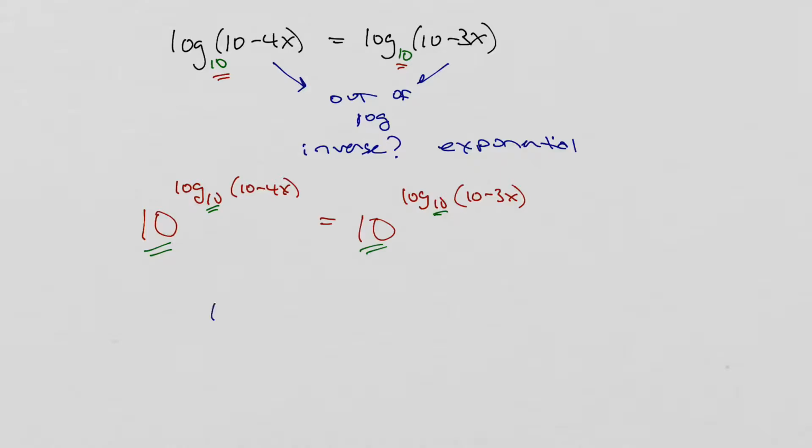So those are going to undo each other, and I'm left with 10 minus 4x over here, and on this side, I've got 10 minus 3x. I could subtract 10 from both sides, maybe add 4x to both sides, and you get your solution there. x equals 0.